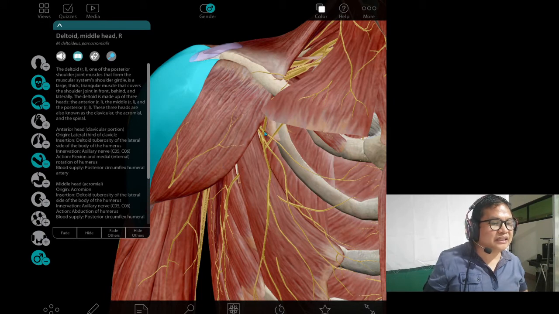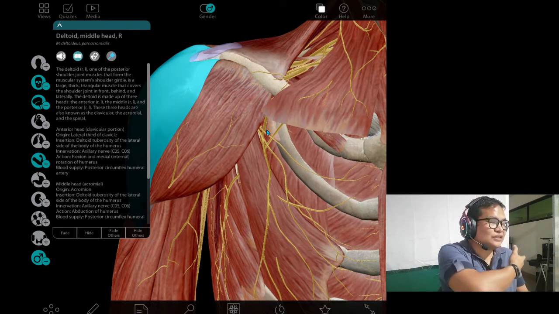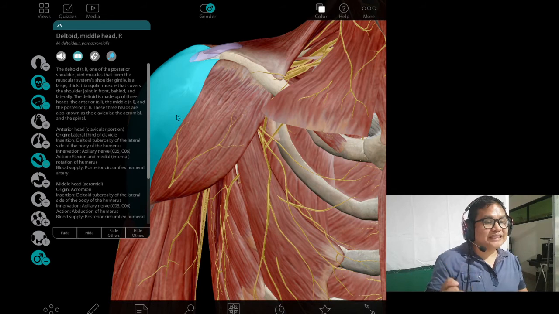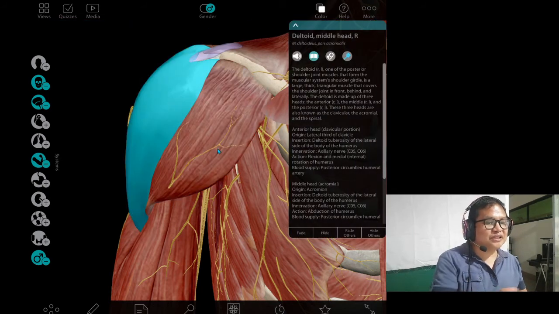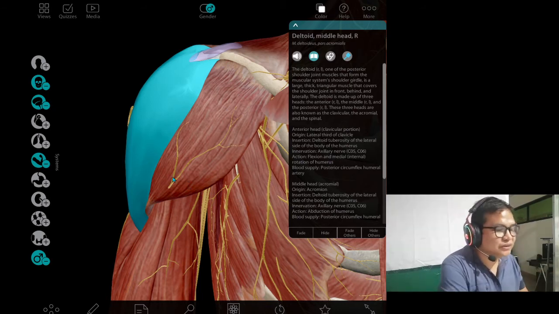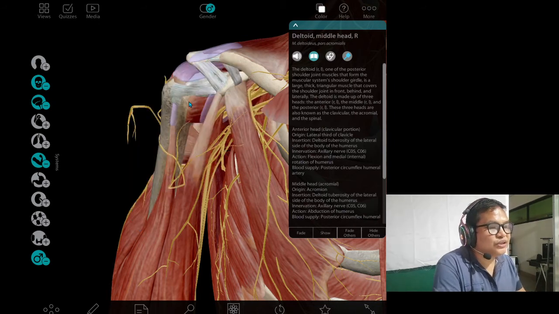Kung naay resection sa axillary nerve, naay problema sa deltoid, so usually it will atrophy, no, mugamay ni siyang deltoid, and sometimes your shoulder joint will be prone to dislocation. Okay, so let's go now to the joints.